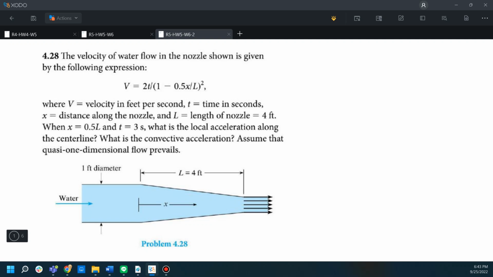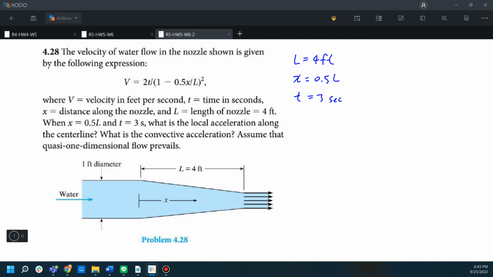L is the length of the nozzle, which is equal to 4 feet. I just write that information down here, 4 feet. And x is equal to 0.5 L, and t is equal to 3 seconds.